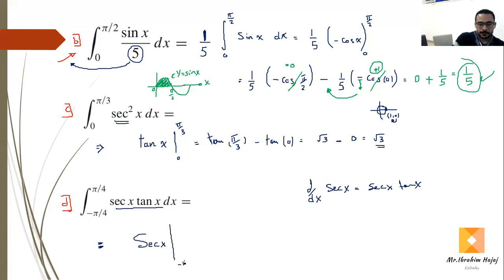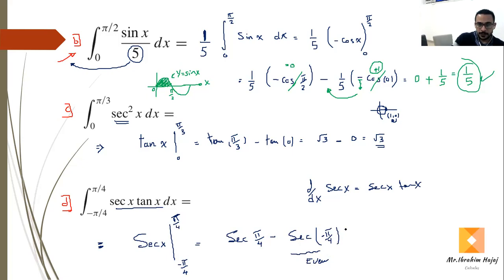Then you substitute: sec pi over 4 minus sec negative pi over 4. And is sec an even or odd function?